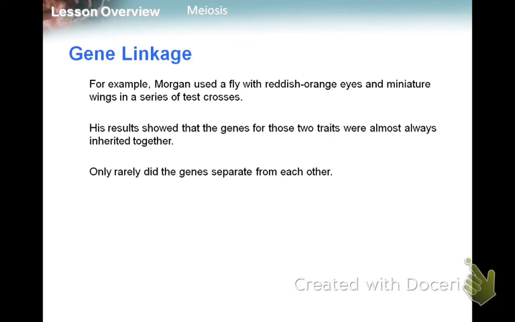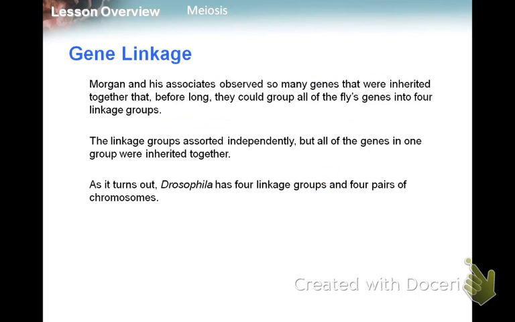He used a particular fly with reddish-orange eyes and miniature wings in a series of test crosses, so he mated them together. His results showed that the genes for those 2 traits were almost always inherited together. It was a rare event that you saw a fly with reddish-orange eyes and not miniature wings. They usually had both traits or neither.